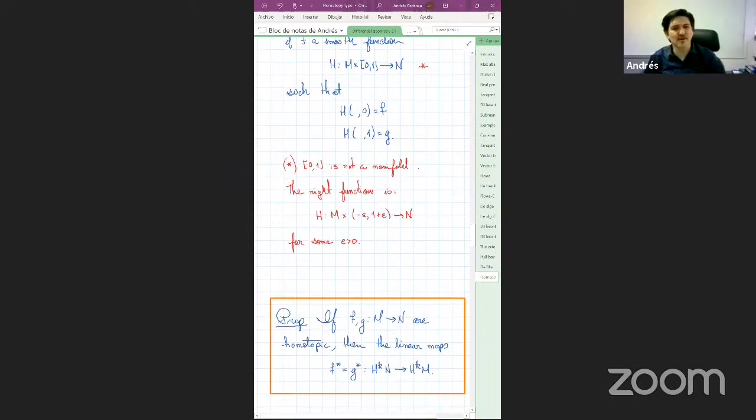So I don't get anything new whatsoever. If I have two homotopic maps, the induced maps in cohomology are equal. So this is something very useful.